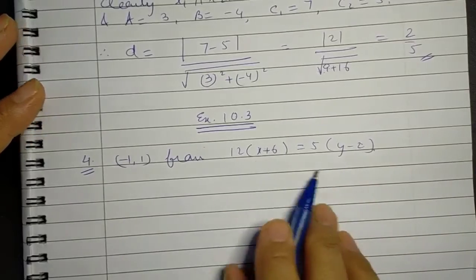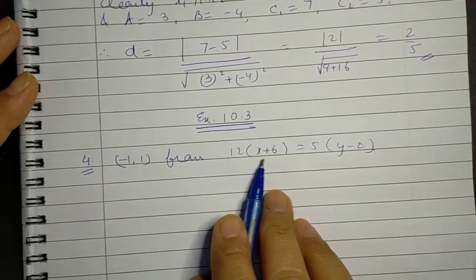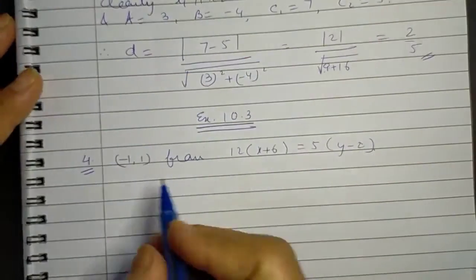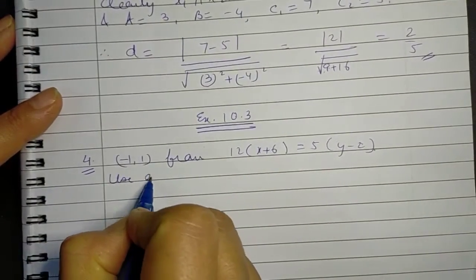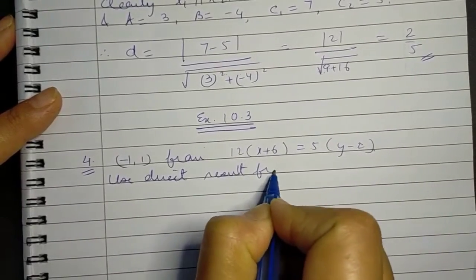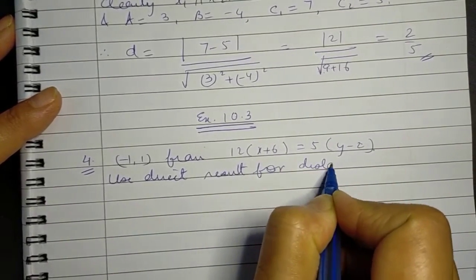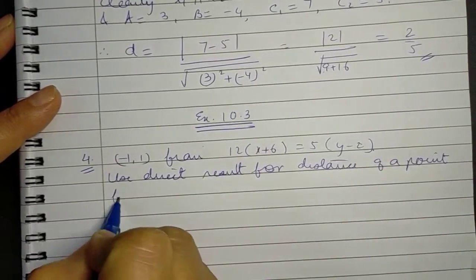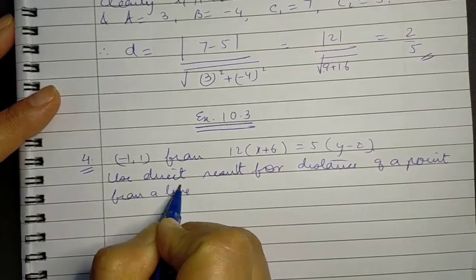Simply open this up, write it in the form ax plus by plus c equal to 0 and use the direct result for distance of a point from a line.